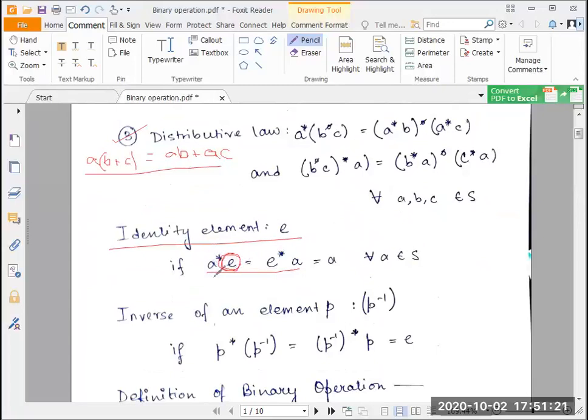If for any other element, when I'm connecting these two elements, that is the identity element, the particular unique identity element, and any other element of the set, the result is the element itself, so if this operation returns this particular element that I started with, not the identity element, but the element other than the identity element, then that particular unique element is said to be an identity element.